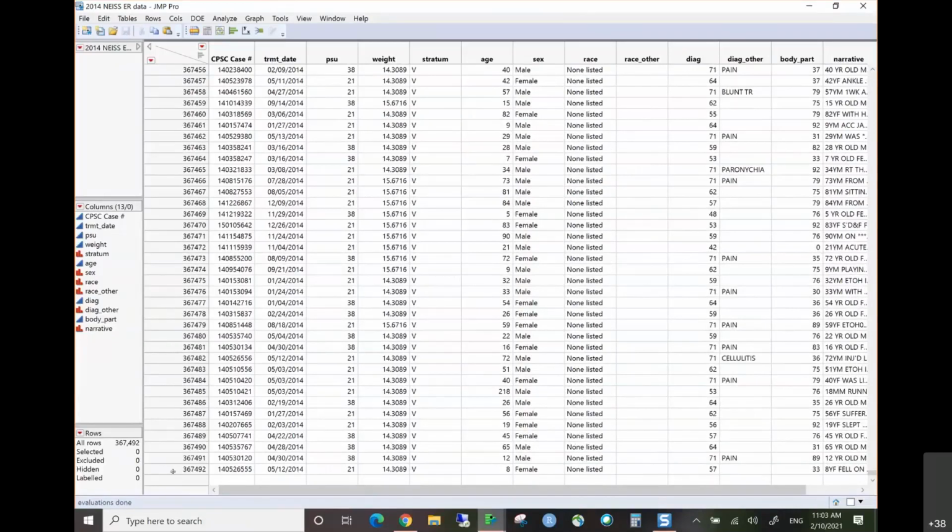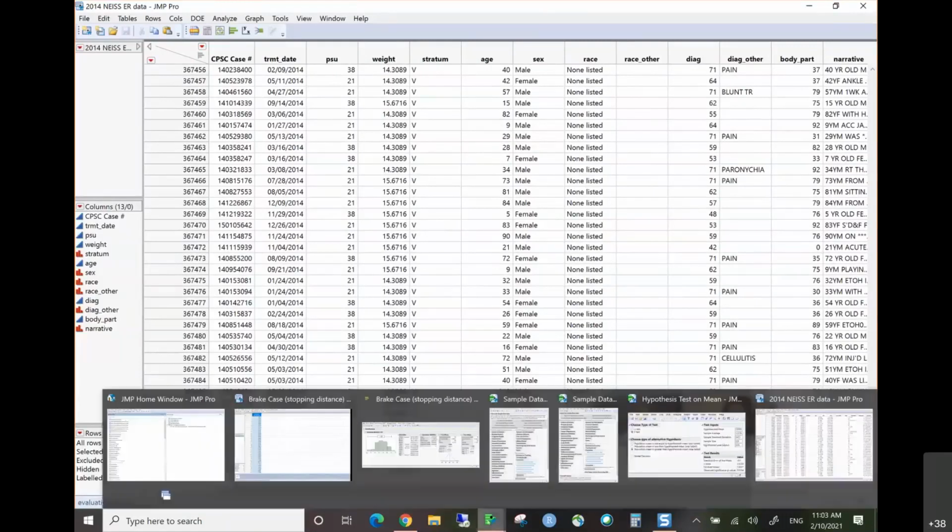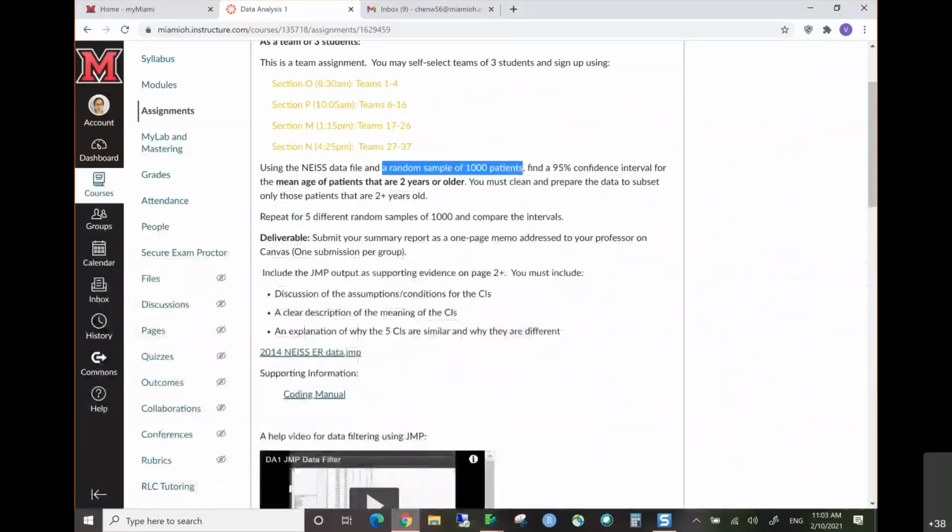From these patients, I want you to randomly select 1,000 patients. Based on this sample, find a 95% confidence interval for the mean age of patients that are 2 years or older.